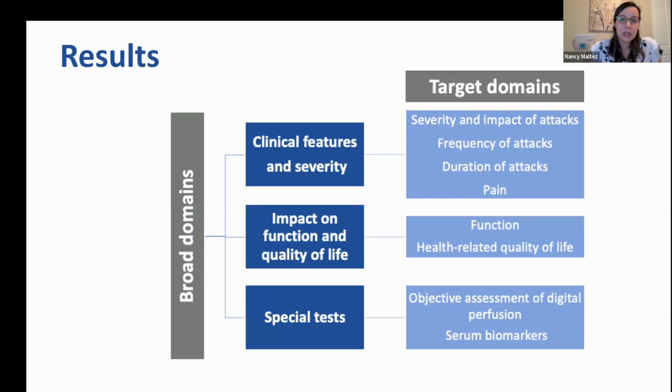Only a minority of studies assessed other patient experiences, including numbness, cold sensitivity, patient global assessment, tingling, and color changes. Objective measures of digital perfusion were assessed in 44 of the 58 studies, and serum biomarkers were assessed in 6 studies. Interestingly, the impact of RP on function was measured in only 11 studies, and health-related quality of life was assessed in only 1 of the included studies.